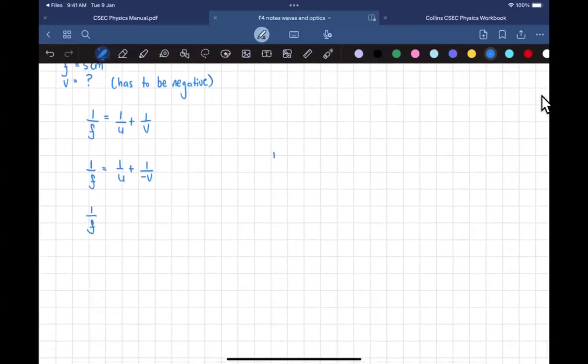Let me ask you this. If I have 1 over minus 5, what is that number equal to? See if you can figure it out. I could just write it as minus 1 over 5.